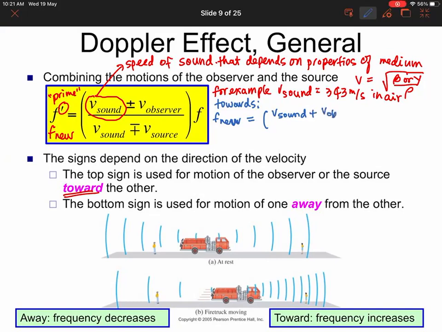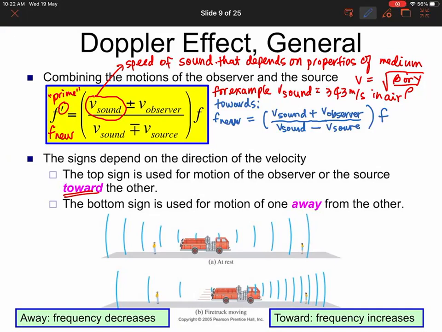Plus V observer divided by V sound minus V source times the old frequency. So that's how the equation looks if either the source or the observer or both are moving towards each other, such that the frequency increases via the Doppler effect. Okay?